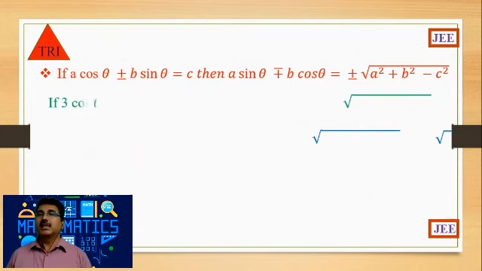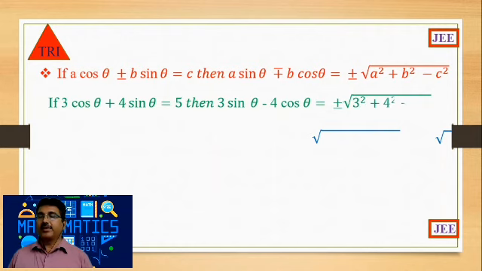If 3 cos theta plus 4 sin theta is equal to 5, then what is the value of 3 sin theta minus 4 cos theta? By applying the above formula, that is plus or minus square root of a square plus b square minus c square, that is equal to 0.